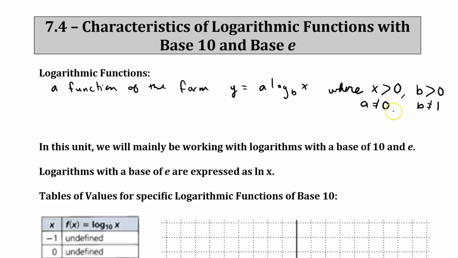Now, the cool thing about it is that a and b can be any rational number.